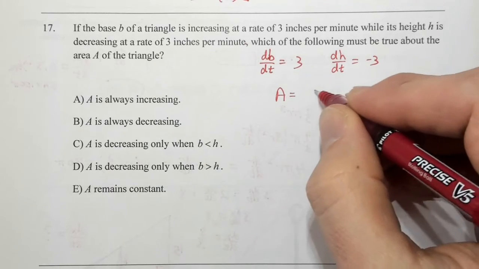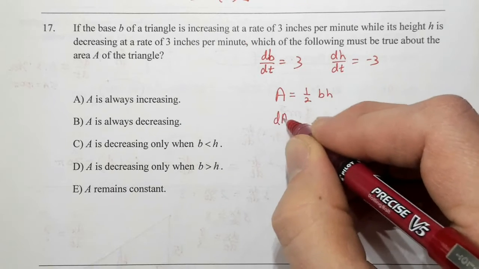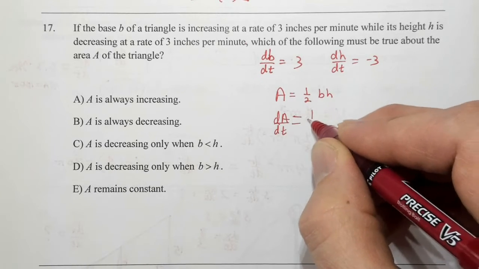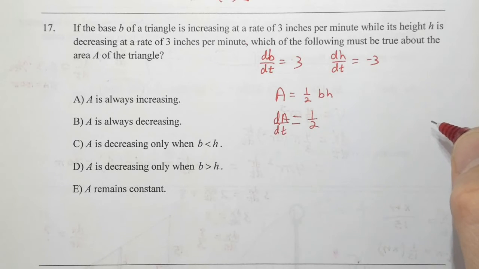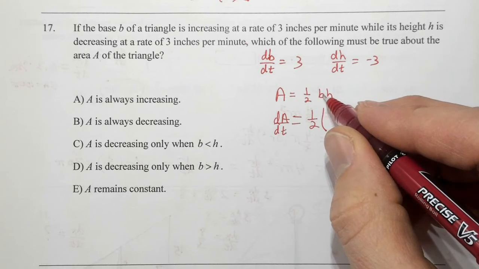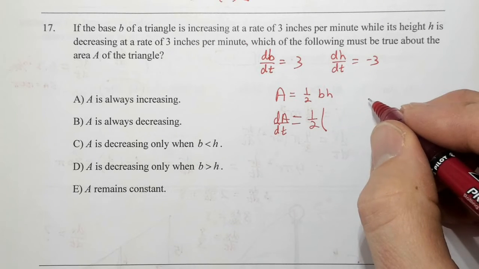Well, let's start with just A. A is equal to half the base times the height. So dA/dt is going to be equal to 1/2, which will stay, that's our coefficient. And now we have a product rule. Right? We can derive the first, keep the second, derive the second, keep the first.